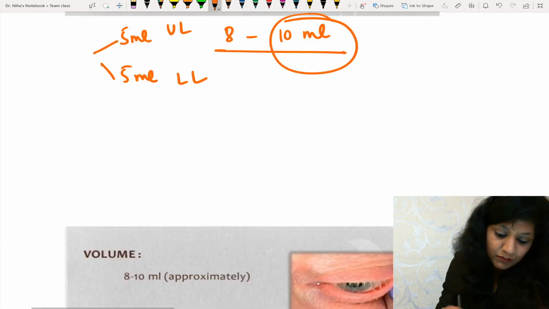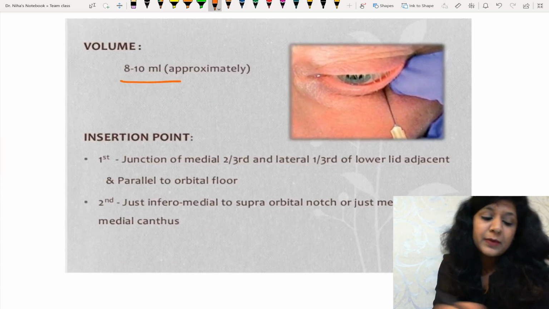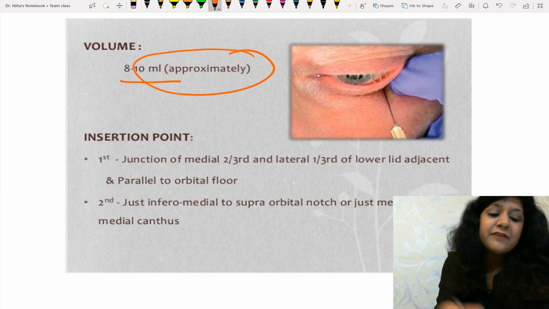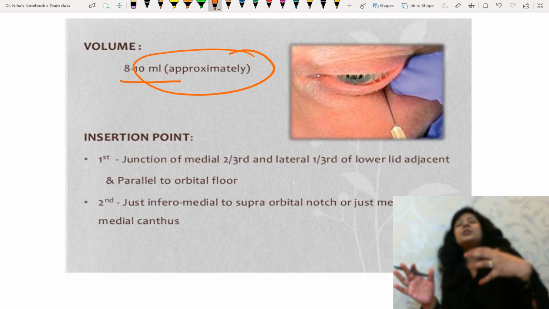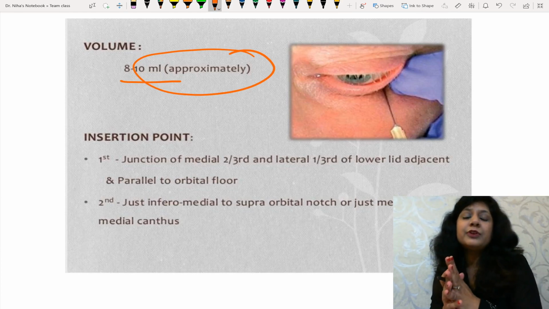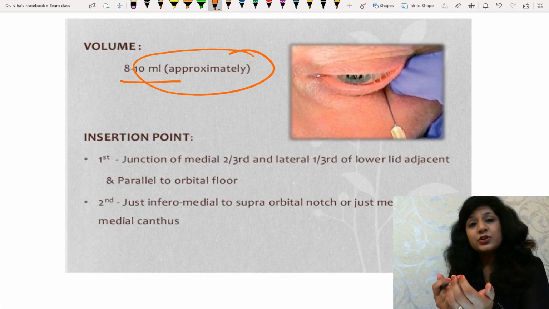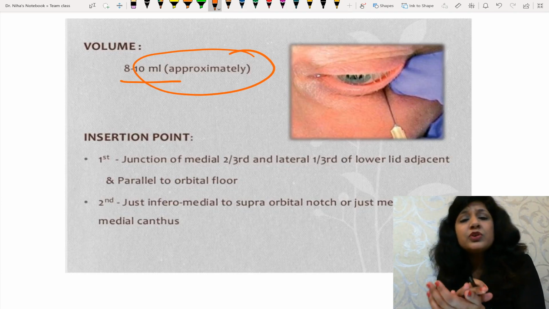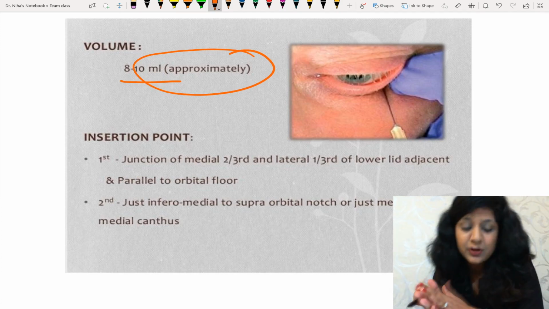I am telling you that practically we use 10 ml so that we have a sufficient amount, because sometimes if you give an insufficient amount of this agent, then even before completion of the surgery the movements start coming. So you should not take any risk. 10 ml is fine, 5 in the upper eyelid and 5 in the lower eyelid.